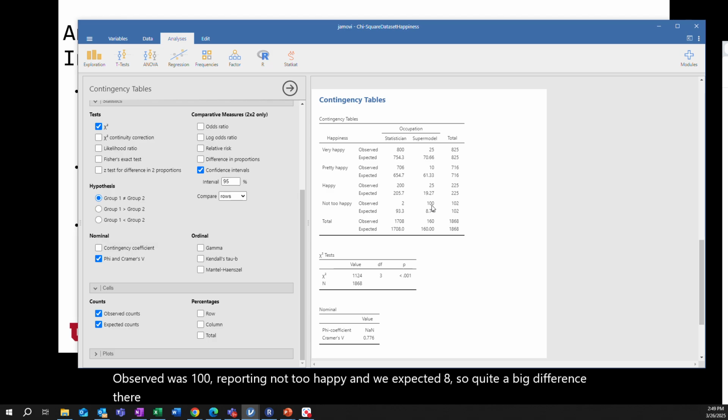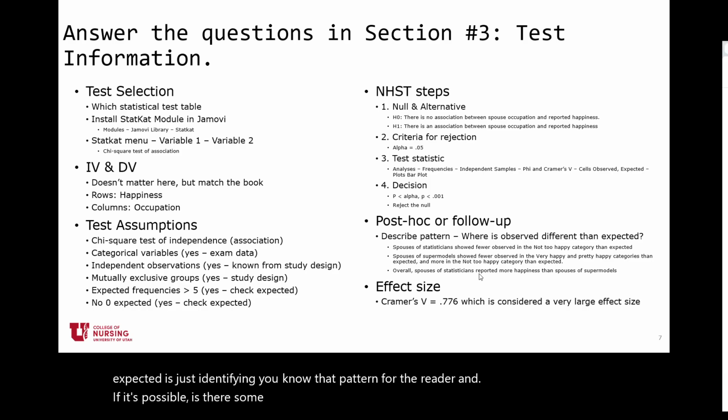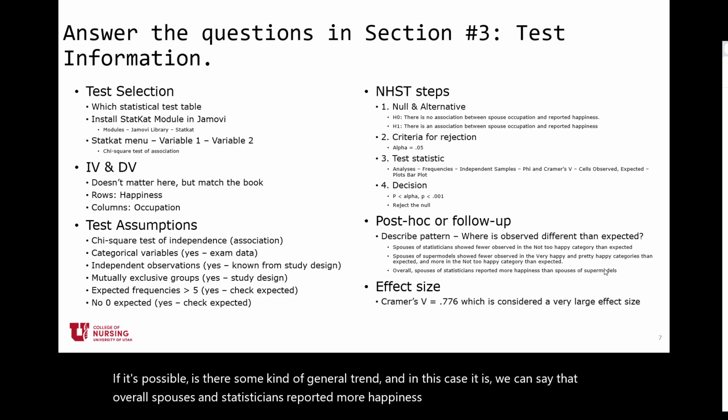So identifying these places where there's a big difference between observed and expected is just identifying that pattern for the reader. And if it's possible, is there some kind of general trend? And in this case, it is. We can say that overall spouses of statisticians reported more happiness than spouses of supermodels.